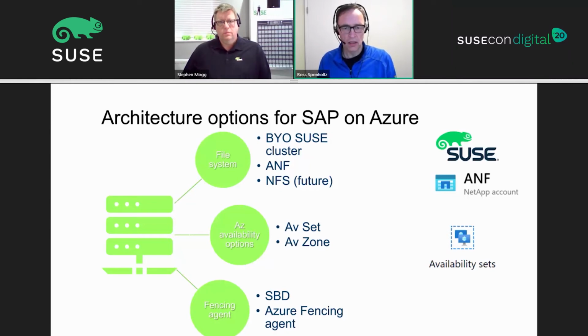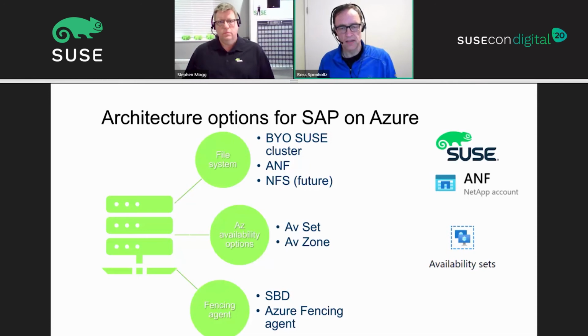A customer can build their own SUSE cluster using NFS and DRBD that gives you replication between multiple nodes in a cluster. So you can have a highly available NFS in Azure purely using SUSE Linux virtual machines.